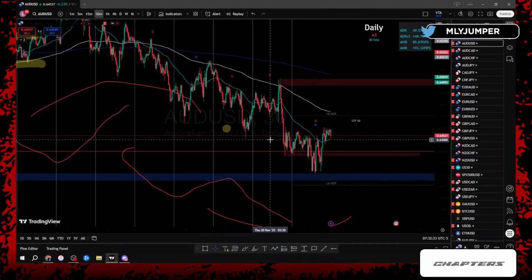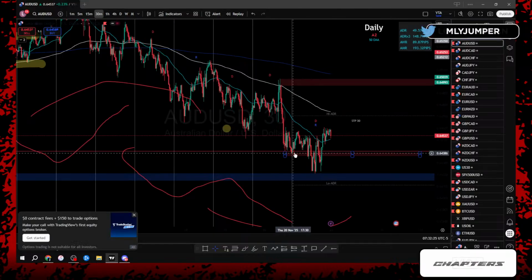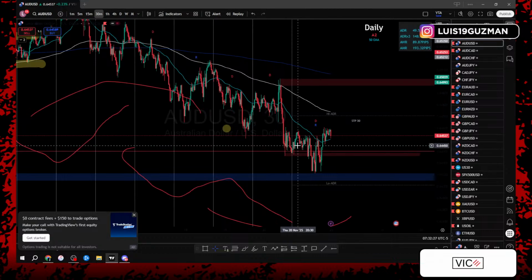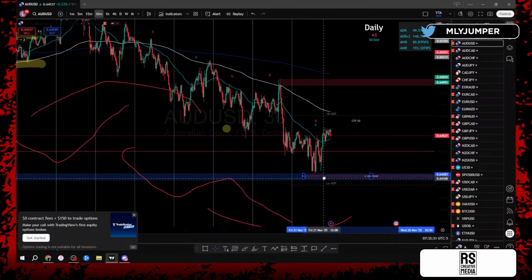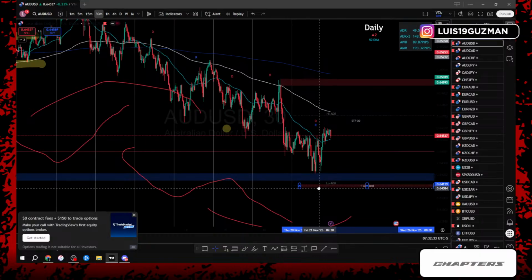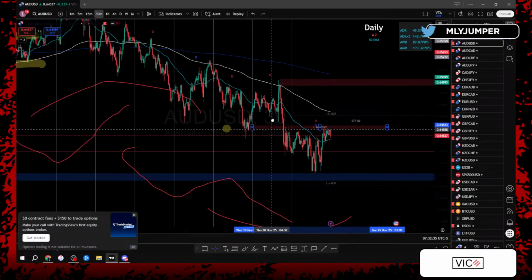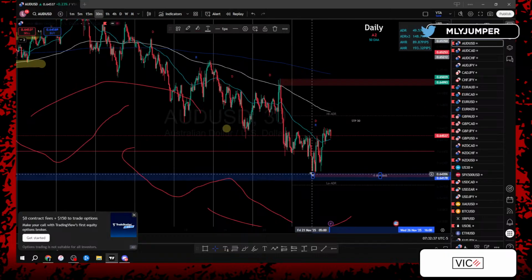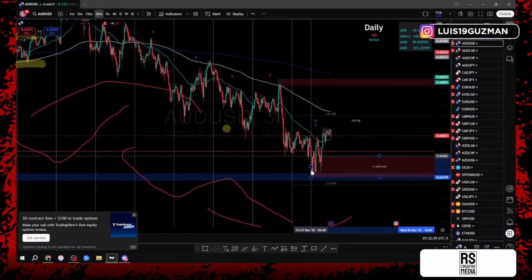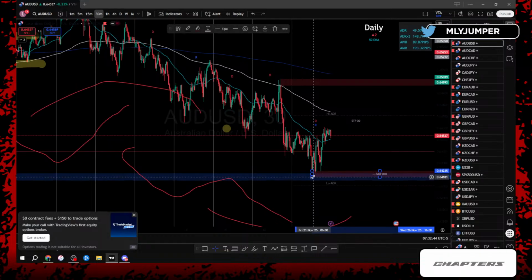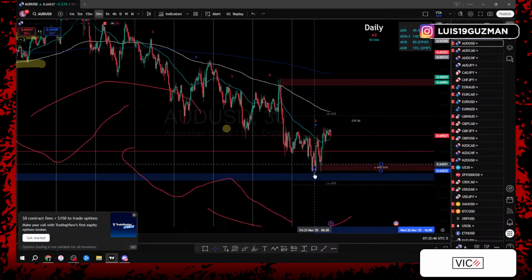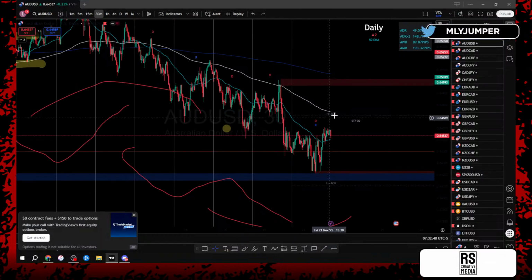And then technically speaking, we did get the breakdown here. But I'm going to mark this as lower low, lower high, lower low here. And then we finish on a drop rise. Okay.